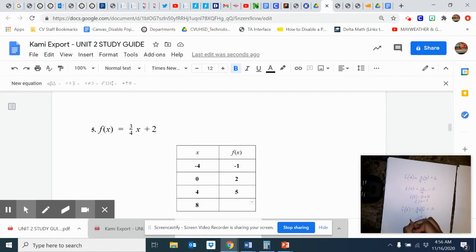No common denominator needed when you multiply. 24 divided by 4 is 6. Sorry about that little delay. I was about to say 3, but no. It's 6. 6 plus 2 is 8. So f of 8 actually is 8, and that's what it is. Okay.